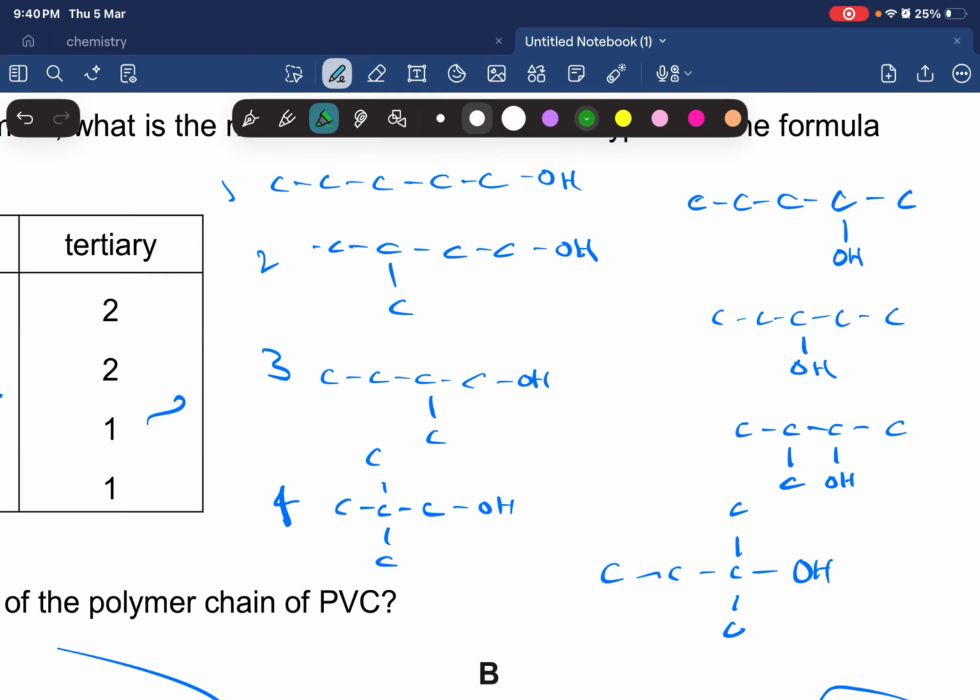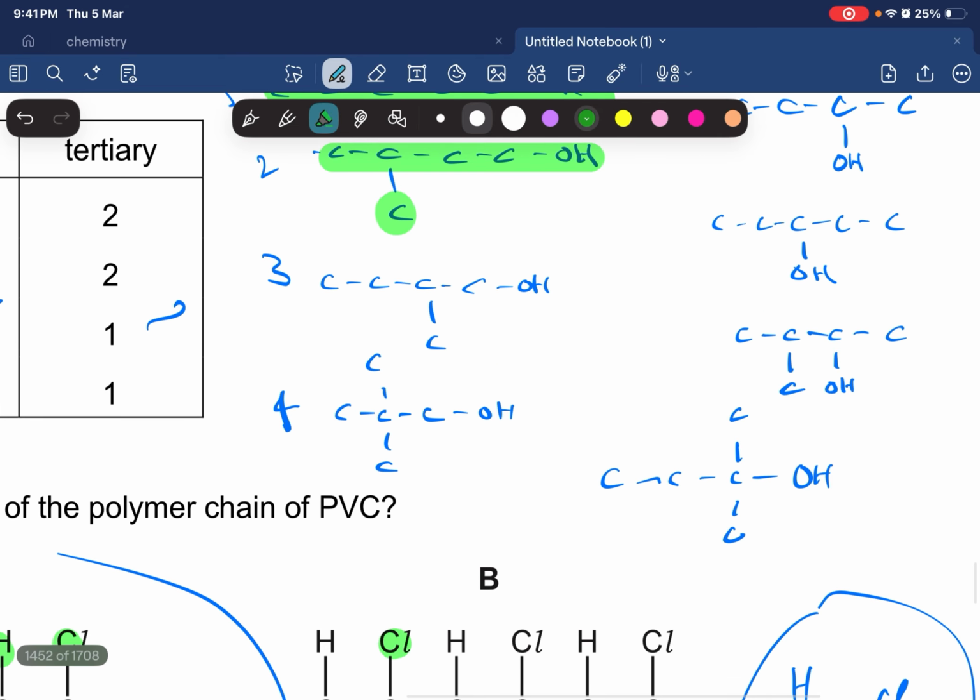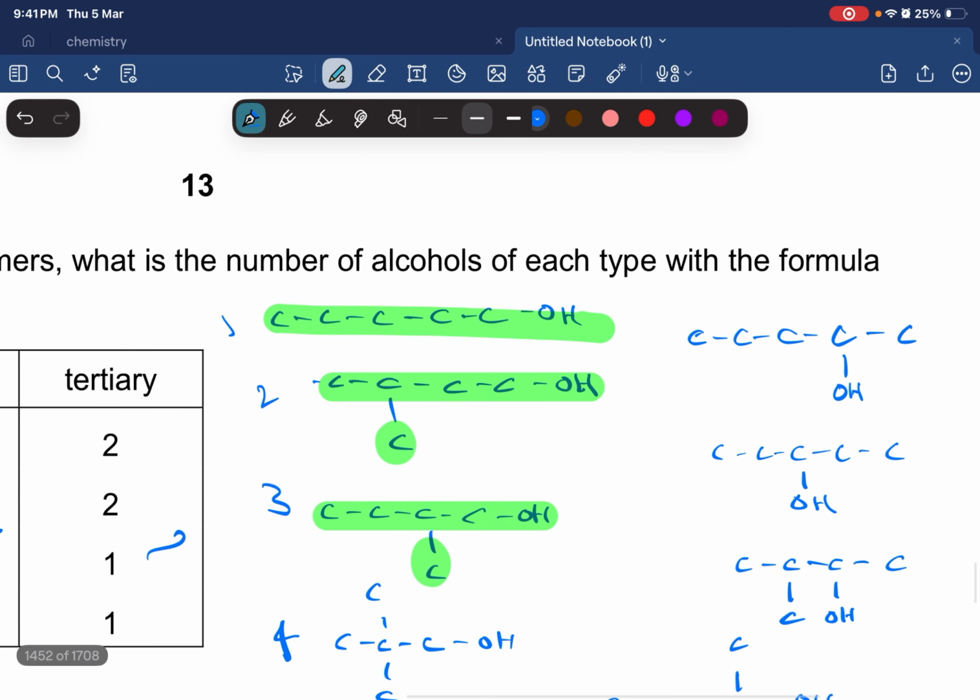Now let me name them. This is pentan-1-ol. This is 3-methylbutan-1-ol. This is 2-methylbutan-1-ol.